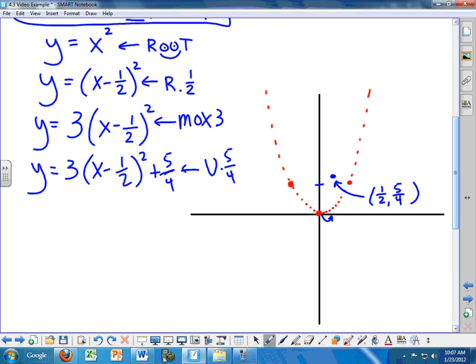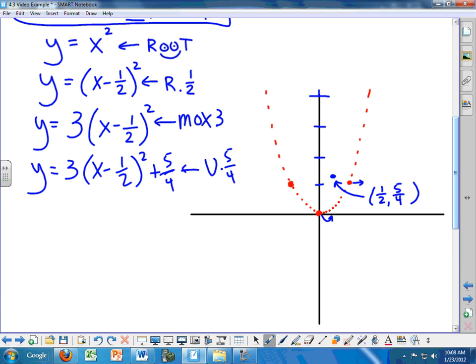Second point, which is 1, 1. If I move that to the right 1/2, that's 1.5 comma 1, or 3/2 comma 1. MOX 3 is going to bring it up as a multiplier, so instead of 1 unit up, it's going to be multiplied and be 3 units up. So I'll be at 3 here. So that would be 3/2, 3, and then finally up 5/4.